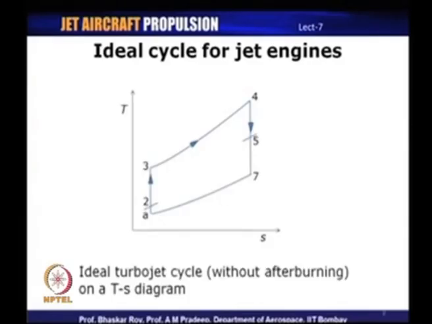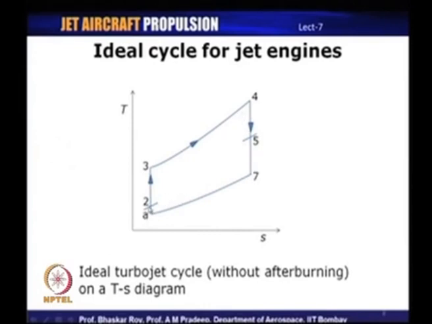Now, on a TS diagram, this is how an ideal turbojet cycle would look. It looks very similar to that of an ideal Brayton cycle, just that the compression process is split into 2 processes here, and so is the expansion process. There are 2 processes you can see here.